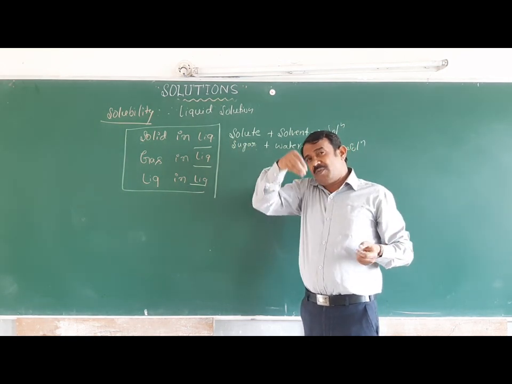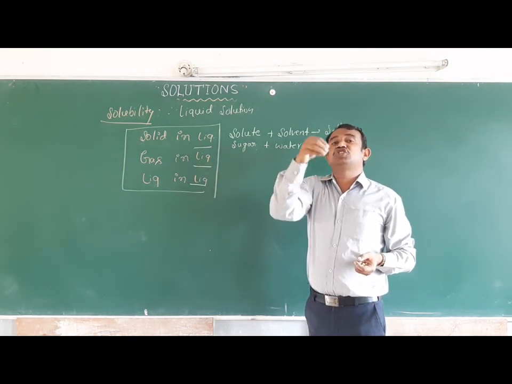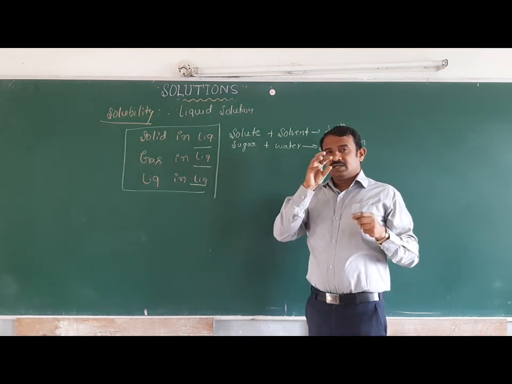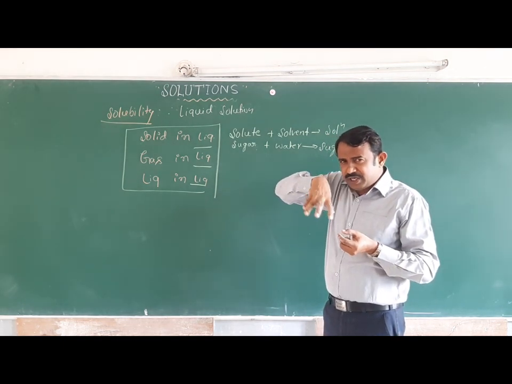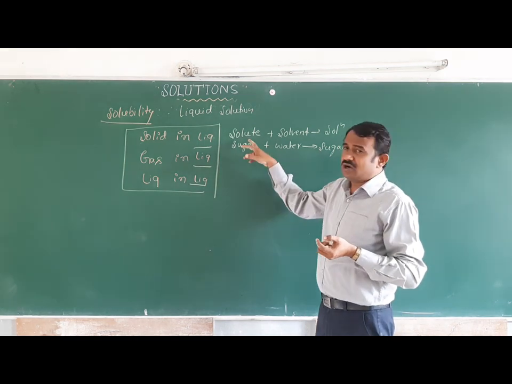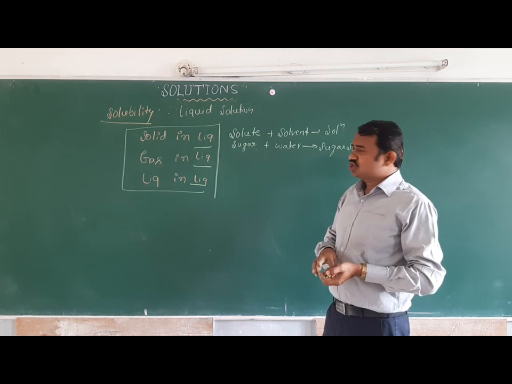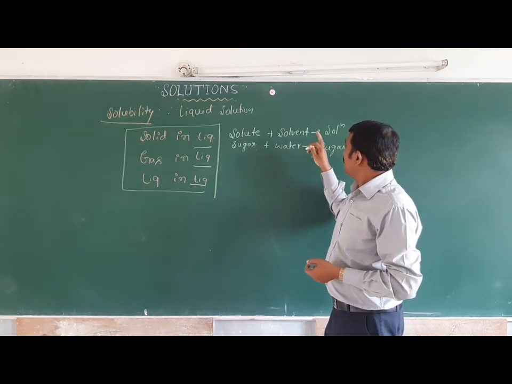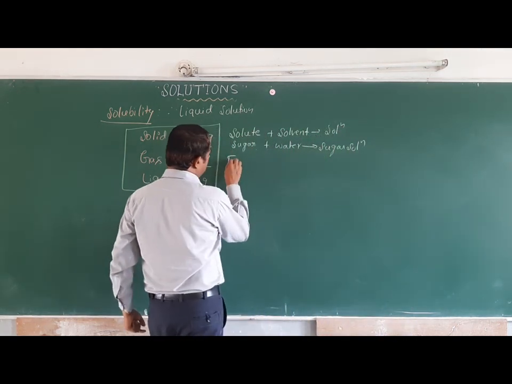We use only as much as is required for sweetness to make the solution. Whatever solute we take, we dissolve in a particular quantity of solvent. That is called solubility. What are the factors affecting solubility?